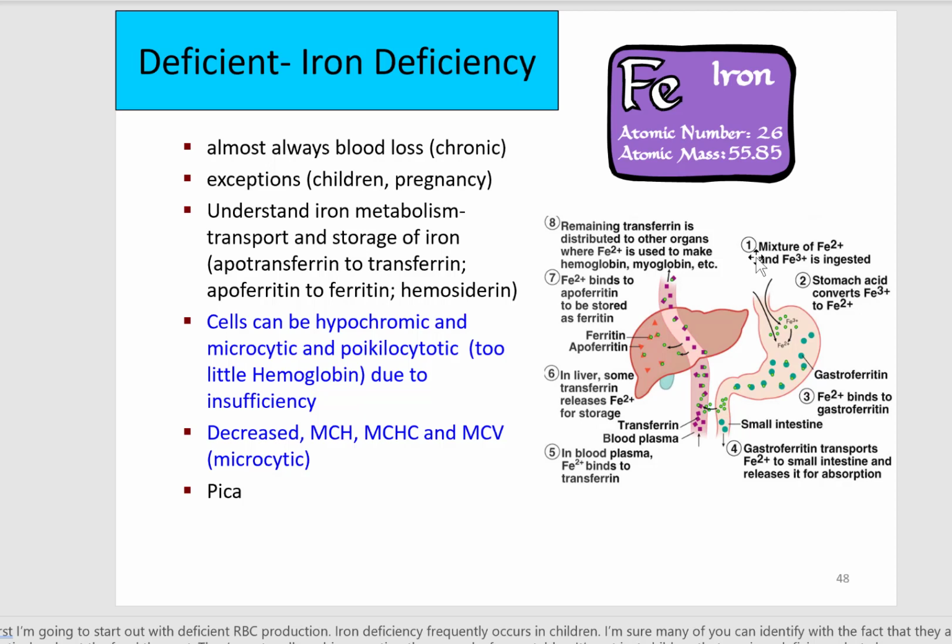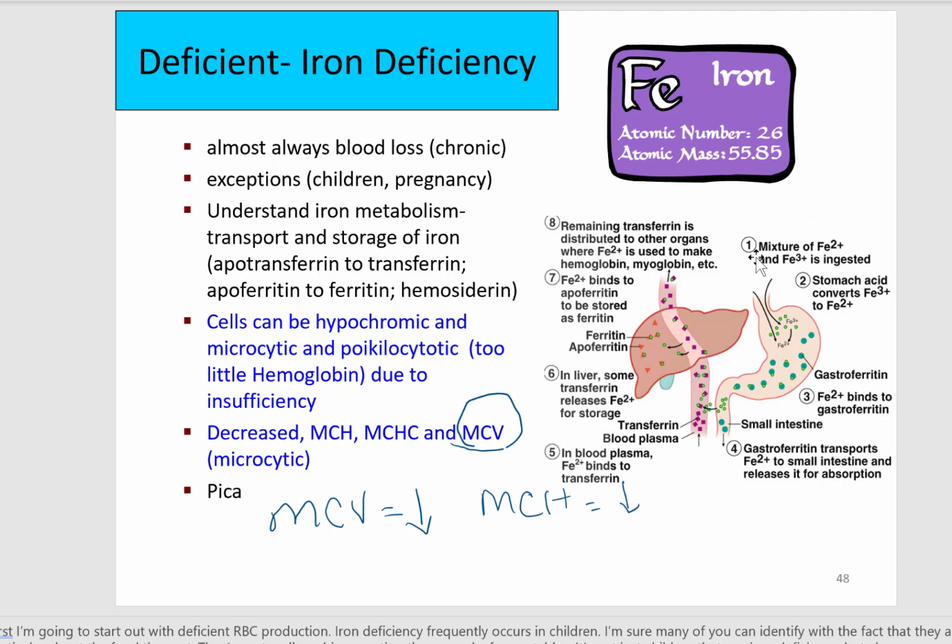If a person has iron deficiency anemia, their cells will be microcytic. Their MCV will be reduced. I'm writing this down now. They also will not have enough mass to their hemoglobin within the red blood cells. So their MCH will also be reduced.